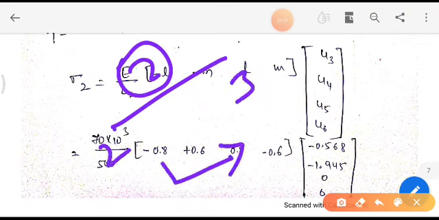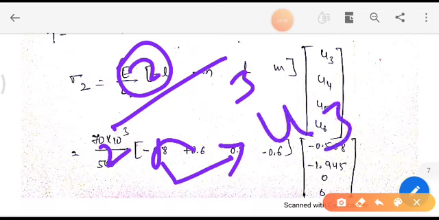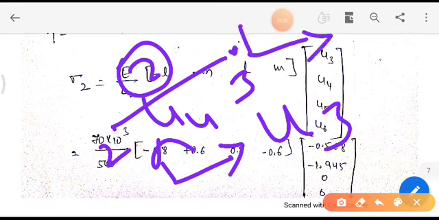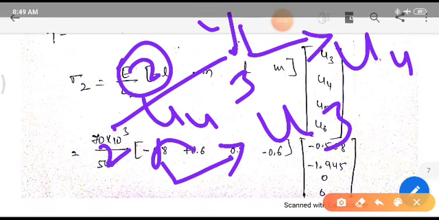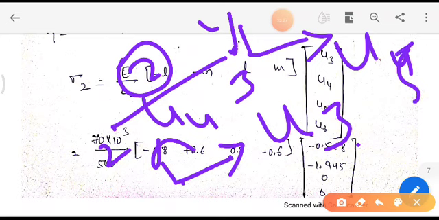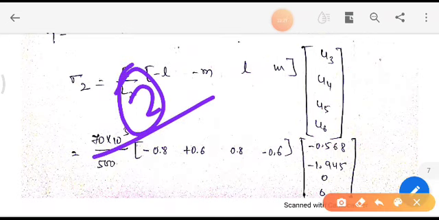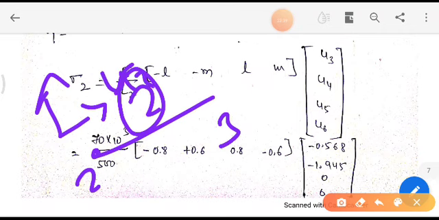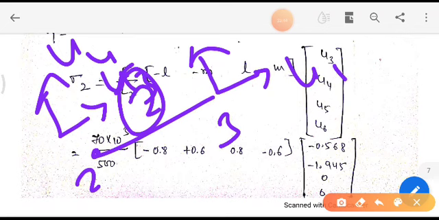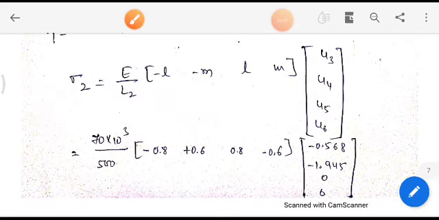Node 2 has displacements U3 and U4, and node 3 has displacements U5 and U6, which we have written here.